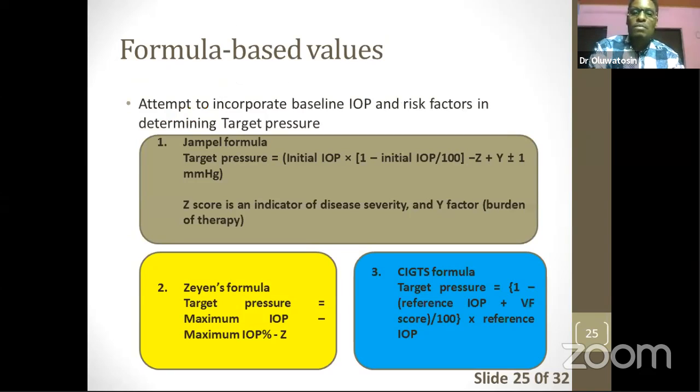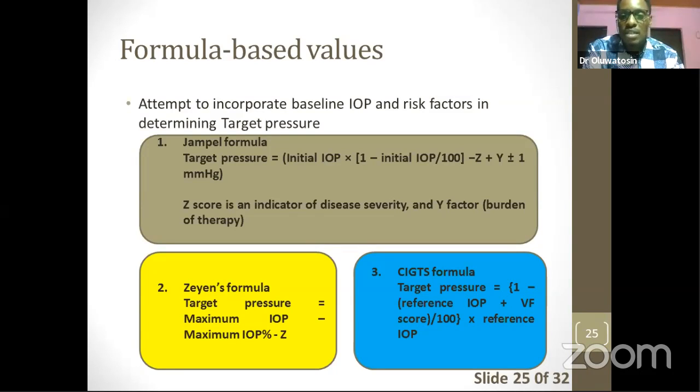Then the formula-based methods actually took into consideration the baseline intraocular pressure and other risk factors to arrive at the target pressure. There are several formulas.